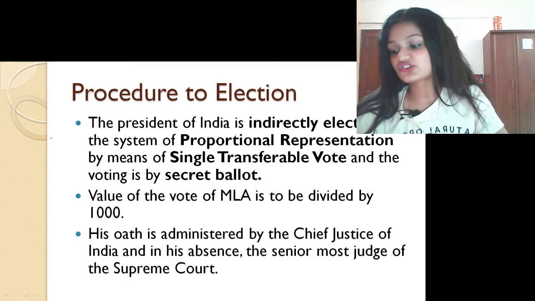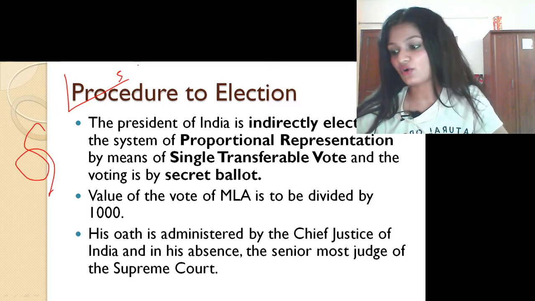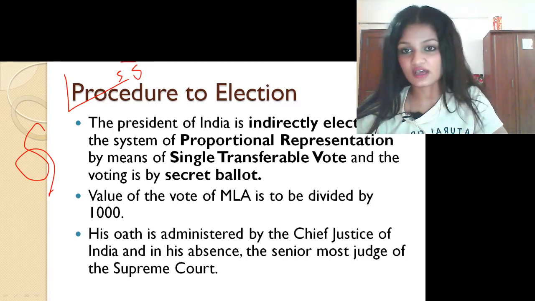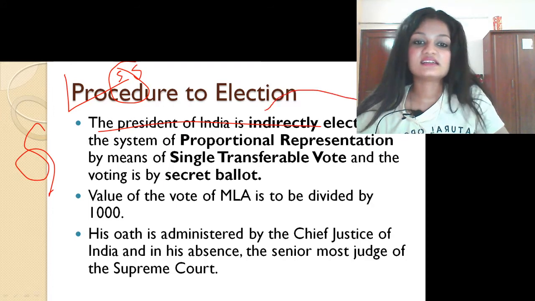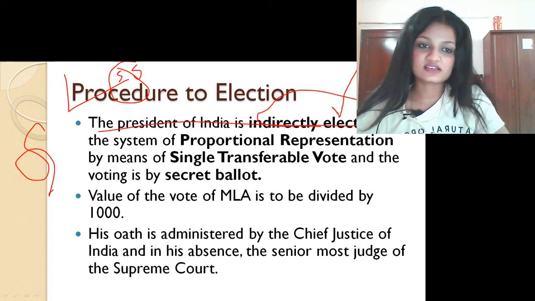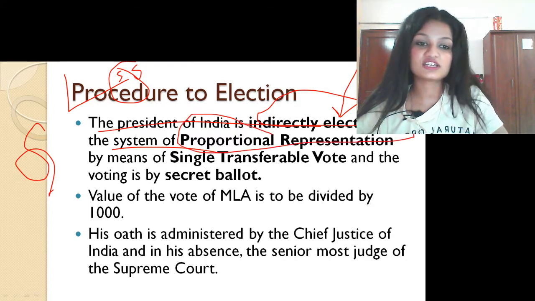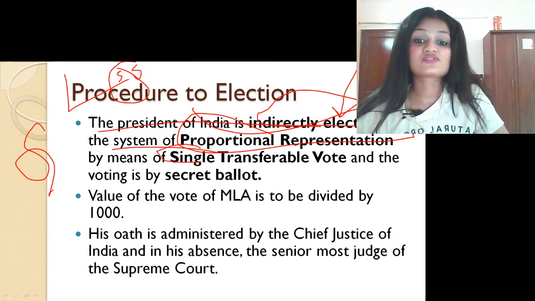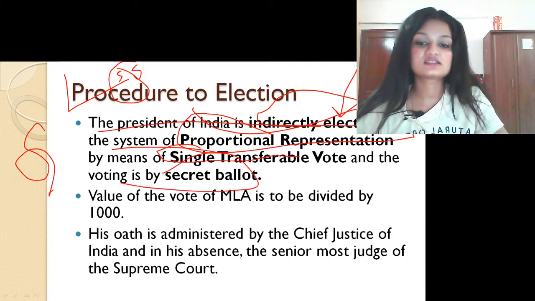The procedure is in Article 55 of the constitution, and it basically says that the president of India is indirectly elected. We've already discussed this, and with the system of proportional representation by means of a single transferable vote, and the voting is done by a secret ballot.